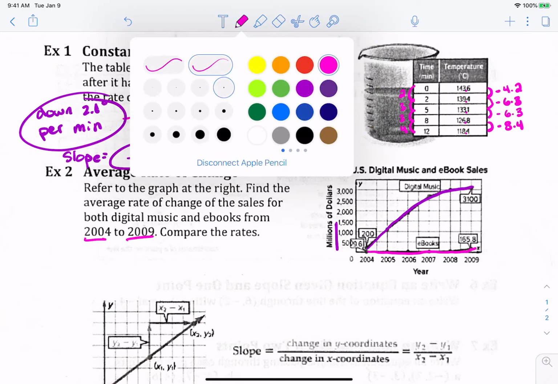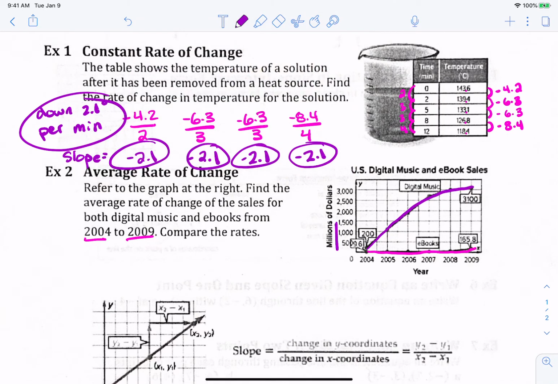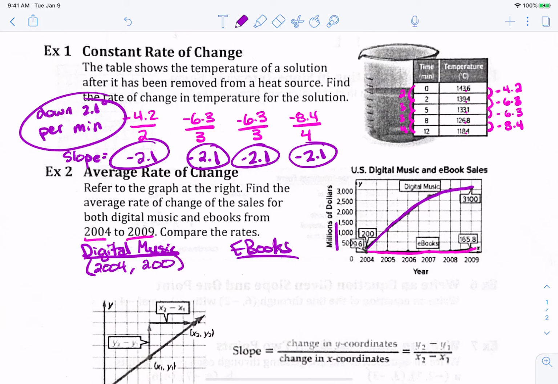So we're going to do digital music first, and then we'll do ebooks over there. In 2004, what was the amount for digital music? 200. You can see that? Okay?